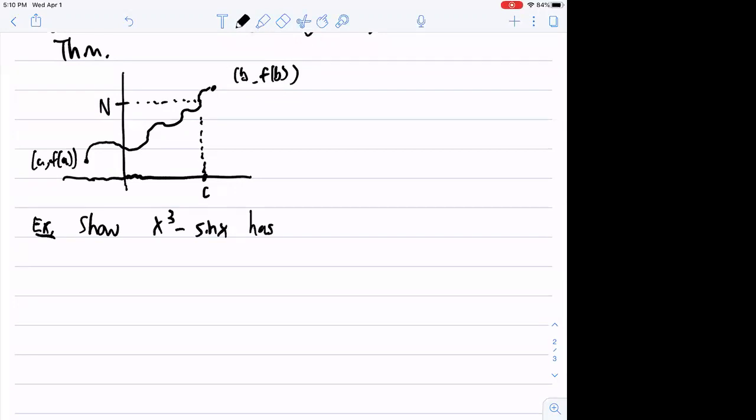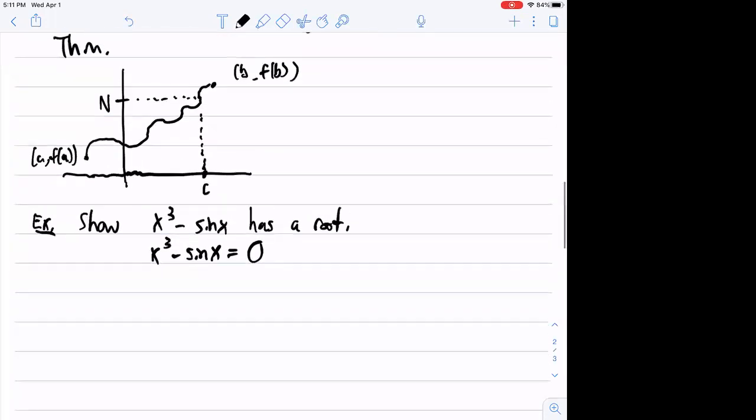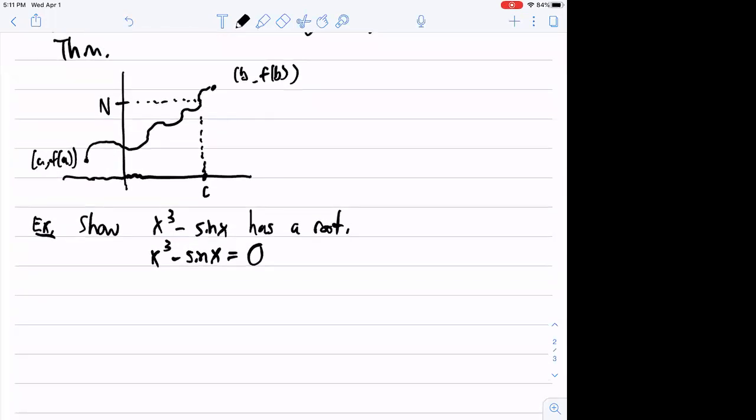has a root. So what does it mean to have a root? It means there's some x satisfying this equation, it's equal to 0. How we do this from IVT is, well, IVT says what? If I have two points, I get every y value in between.